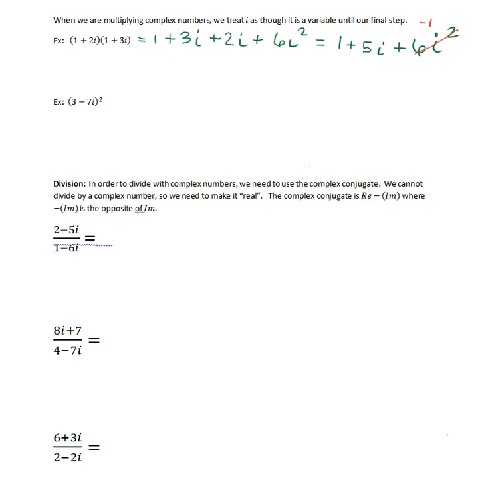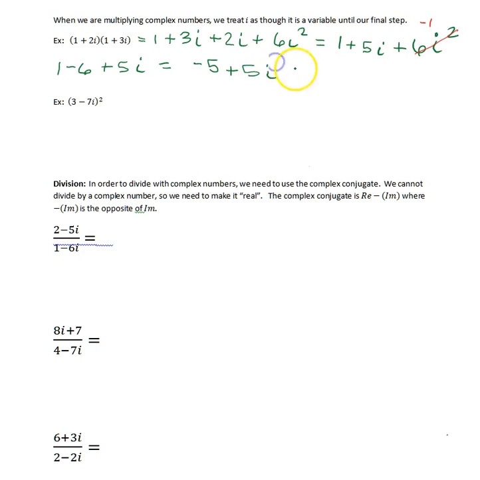Now I'm multiplying by negative 1. So I have 1 minus 6, because 6 times my negative 1, plus 5i. And now I can just collect these two. So I have a negative 5 plus 5i.